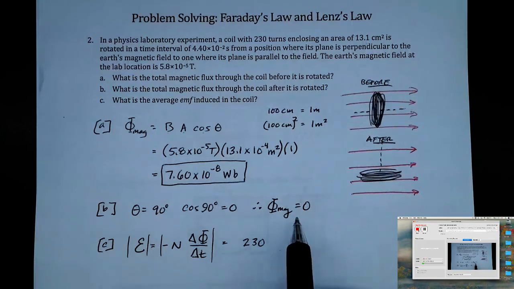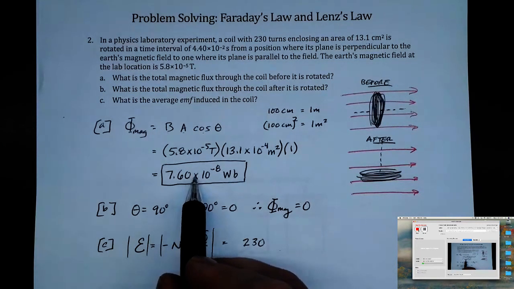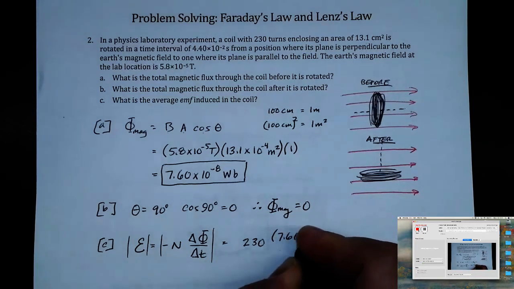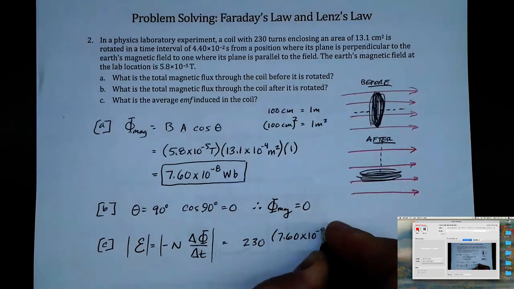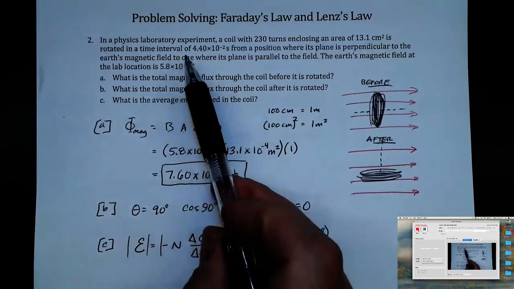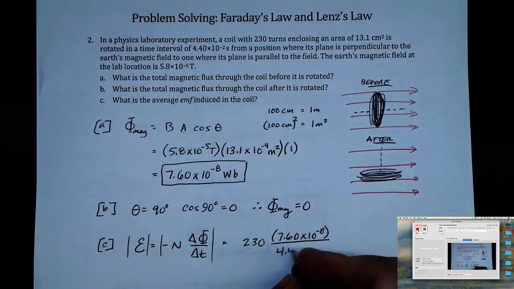The change in my flux is going from 7.6 times 10 to the negative 8 Webers down to 0, so the magnitude of that change is 7.6 times 10 to the negative 8. And the amount of time this is rotating in is 4.4 times 10 to the negative 2 seconds.